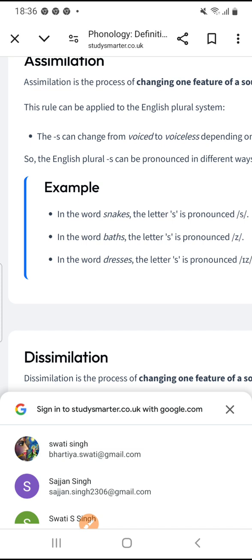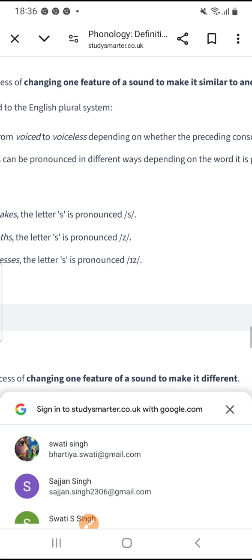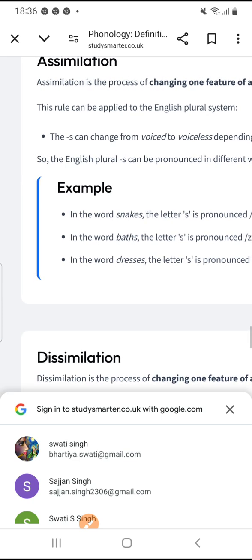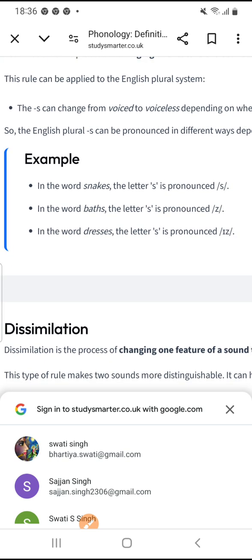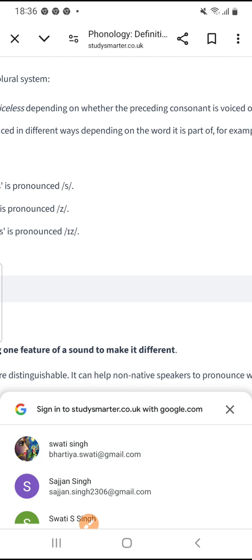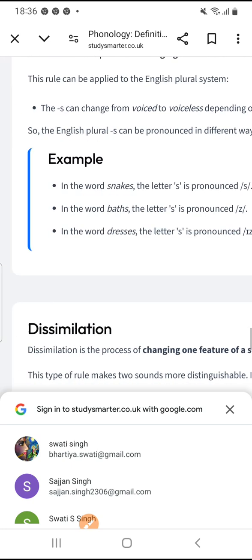For example, in the plural, the s can change from voiced to voiceless, depending on whether the preceding consonant is voiced or unvoiced.